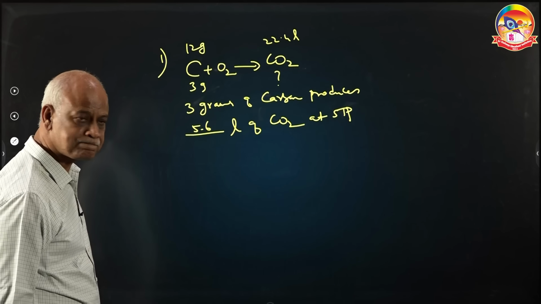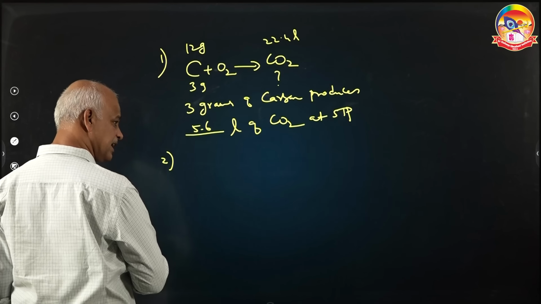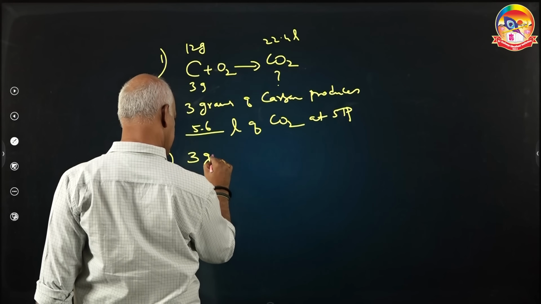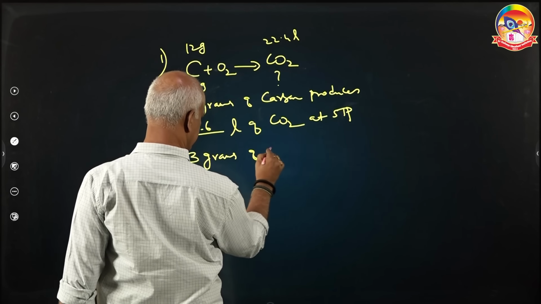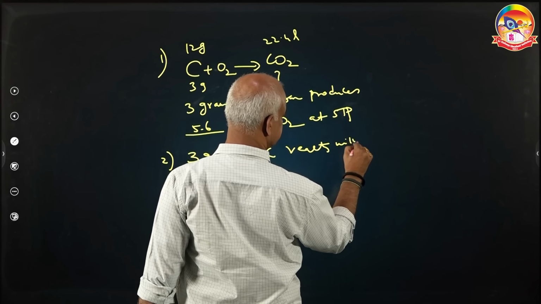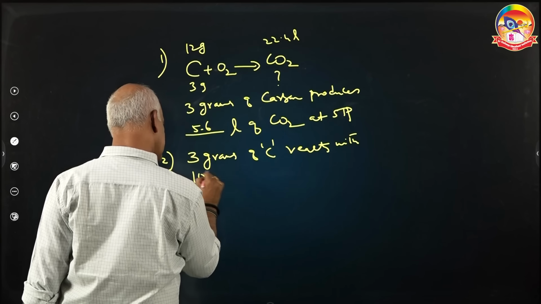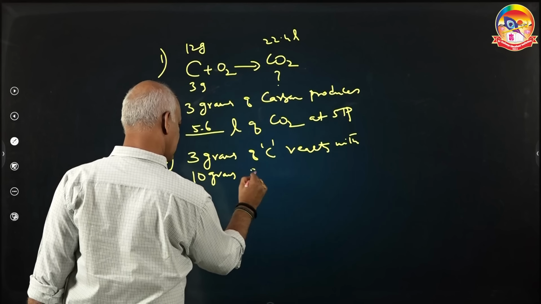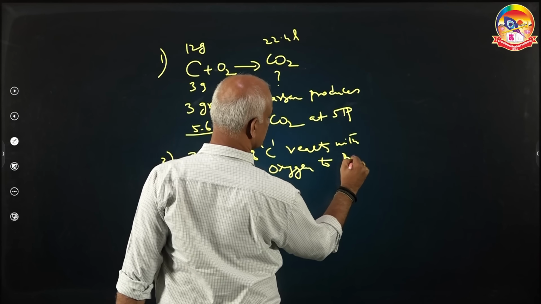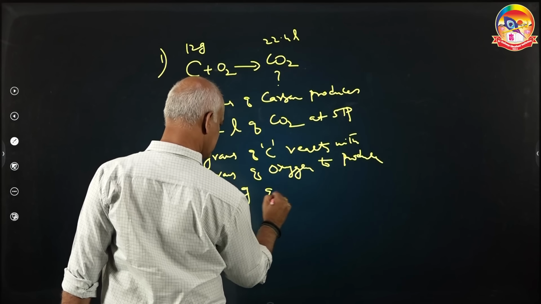Easy question. Second, now comes a very important question. 3 grams of carbon reacts with 10 grams of oxygen to produce dash grams of CO2.